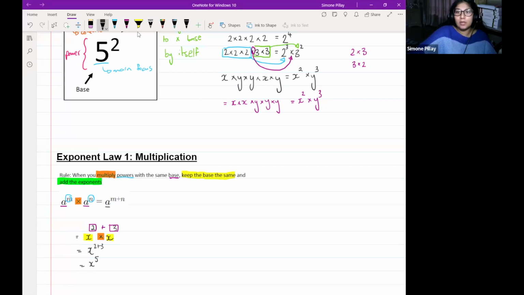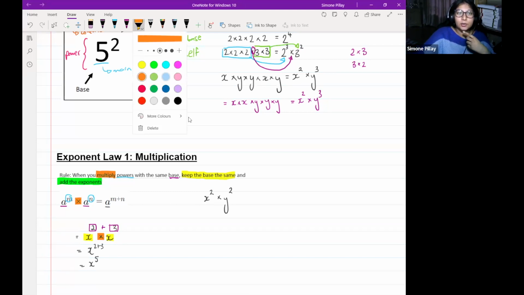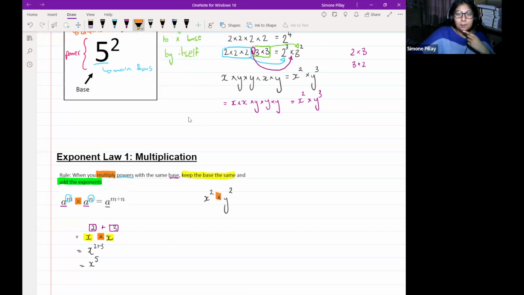And what if we don't have the same base, as Brie has told us? What if I have something like x squared times y squared? Am I doing multiplication? 100%, yes, I'm doing multiplication. But do I have the same bases? No, I don't. So what does this tell me?